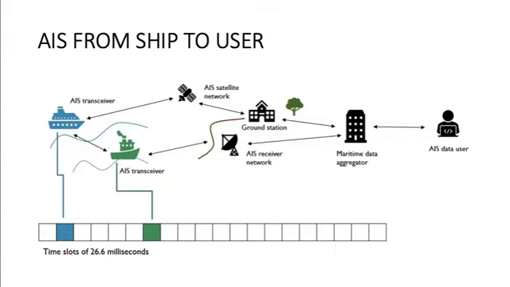So once the AIS message has been received from a ship in the sea, it goes to a station where it's being aggregated, a little bit pre-processed, a little bit cleaned, and then once it's prepared for further use, the data user or the data analyzer uses it for their respective purposes.